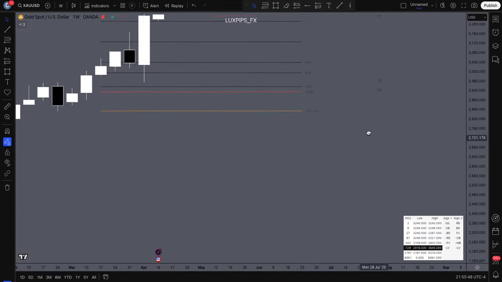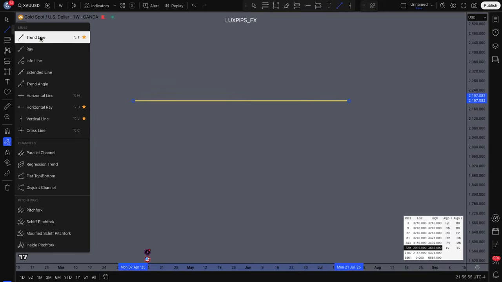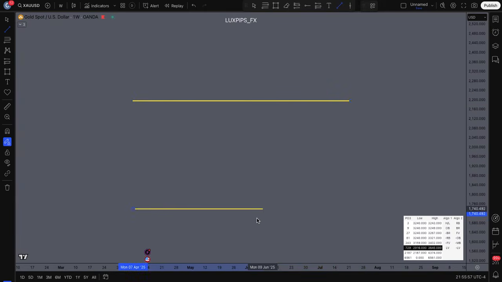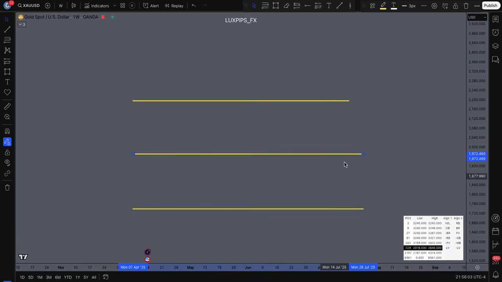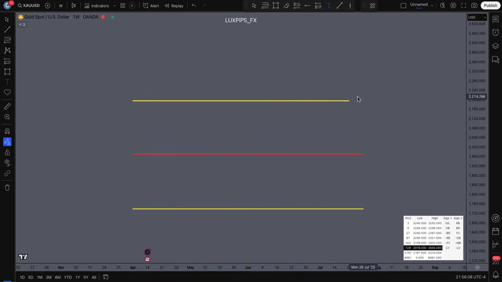So the thing with Goldbach that a lot of other mentors don't speak about is a bias change. So this is your high. This is your EQ.